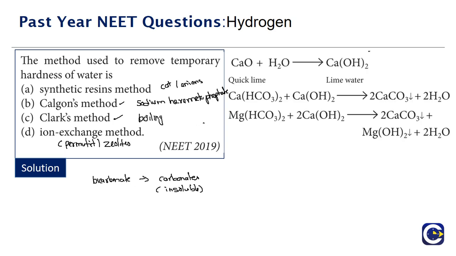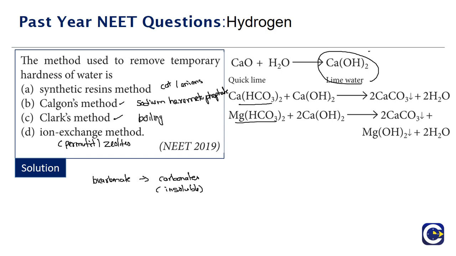Now what is this Klux method? So Klux method uses a calculated or measured amount of lime water. So lime water is when we add quick lime to water, we will get calcium hydroxide in solution with water. It is called as lime water. Calculated amount of lime water will be added to the water containing the temporary hardness. Temporary hardness will be having calcium and magnesium bicarbonates.